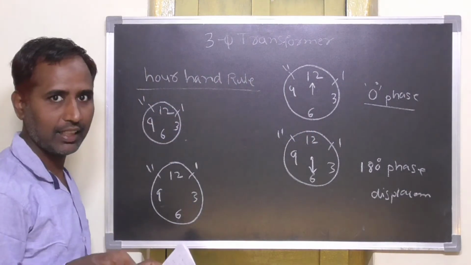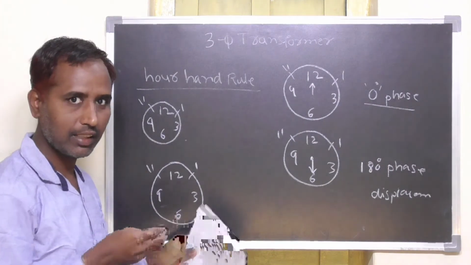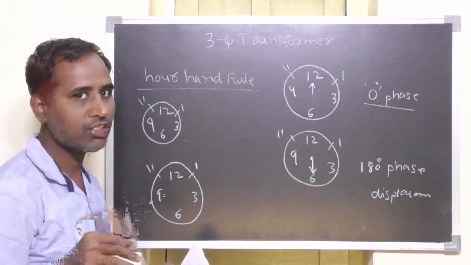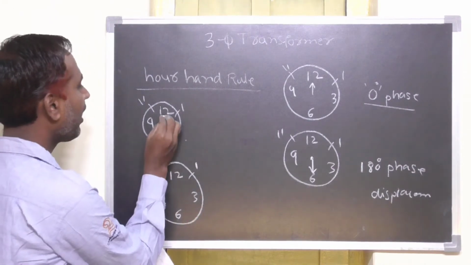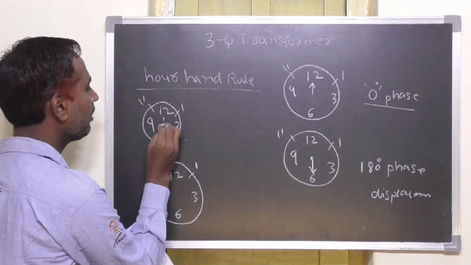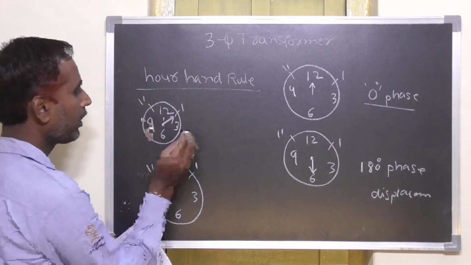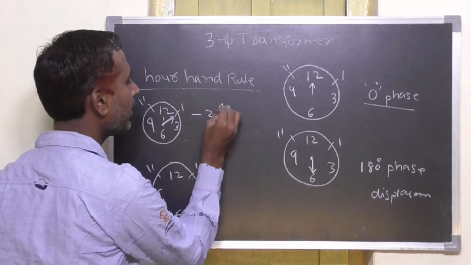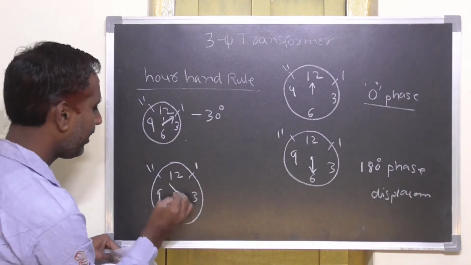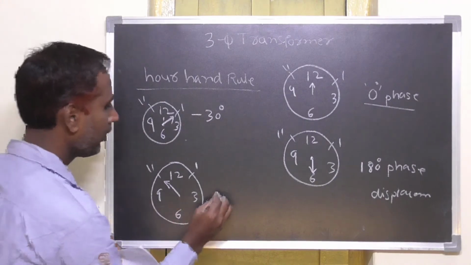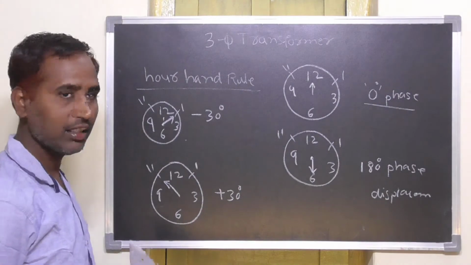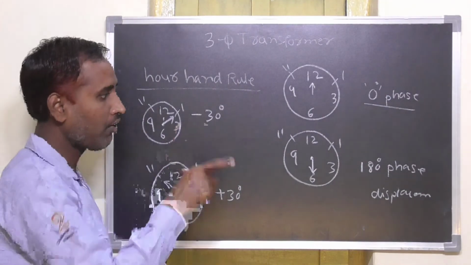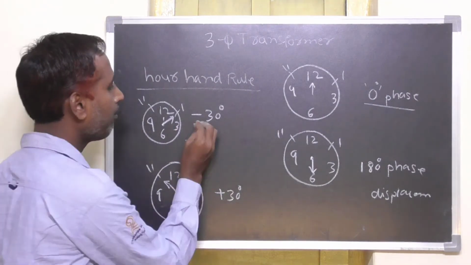This is simple, this topic is there in our syllabus, that's why I am covering. If the hour hand is at 1 o'clock, it means minus 30 degree. If it is 11 o'clock, this is plus 30 degree. When the clock is clockwise, the reading is minus.